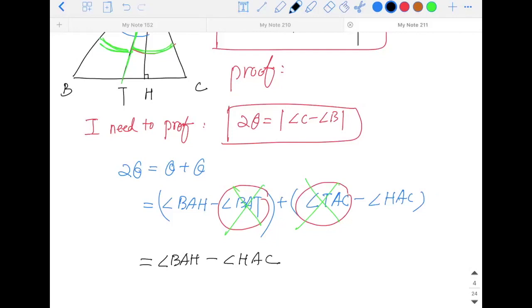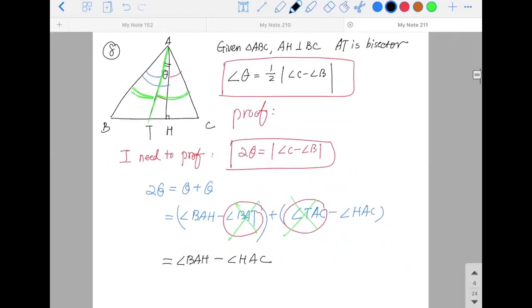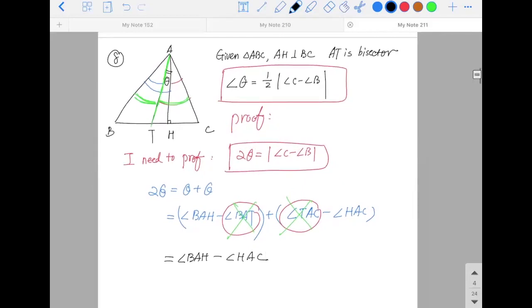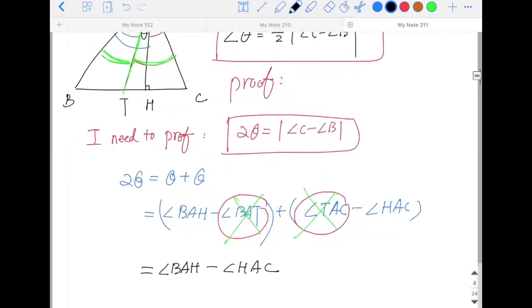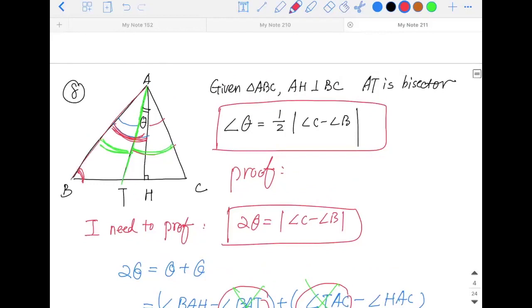HAC. But the question is asking you what's the difference between angle C and angle B, right? So of course, I need to replace BAH and HAC using angle C and angle B, right? I think this is quite intuitive because BAH is just 90 degrees minus angle B, right? Because they're all in this right triangle.